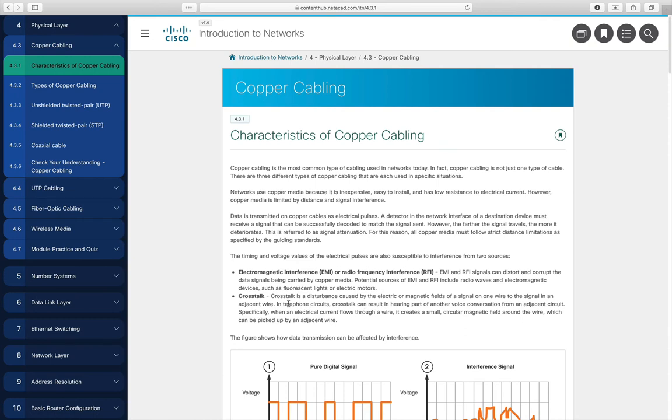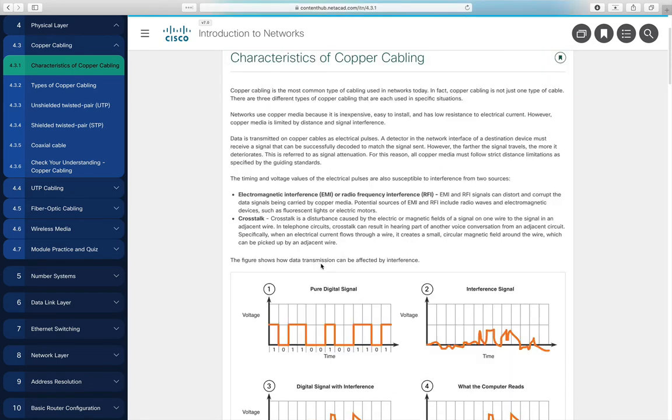And the crosstalk is the fact that if we transmit data on one cable and there's another cable close by, we may have that electromagnetic interference, which introduces stray electrical signals on that wire, which is not desirable. So you want to reduce crosstalk.